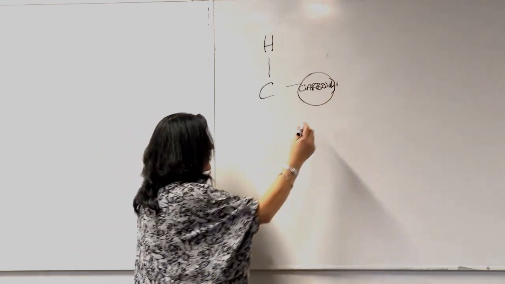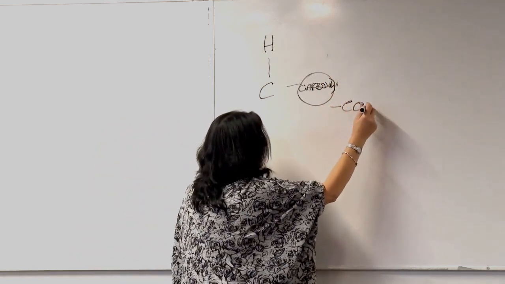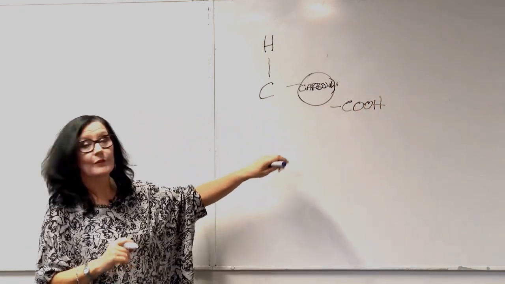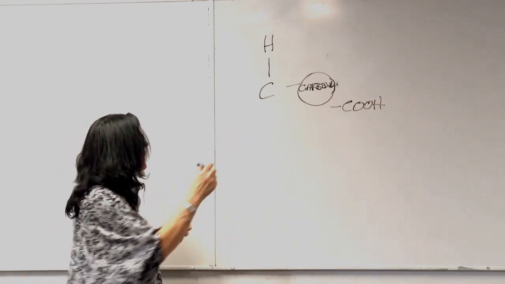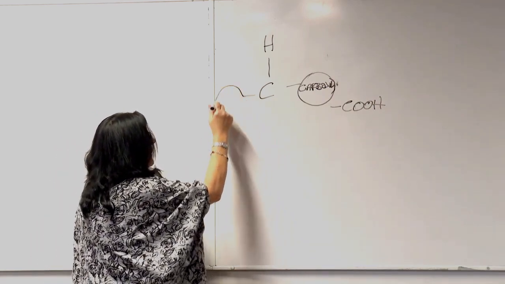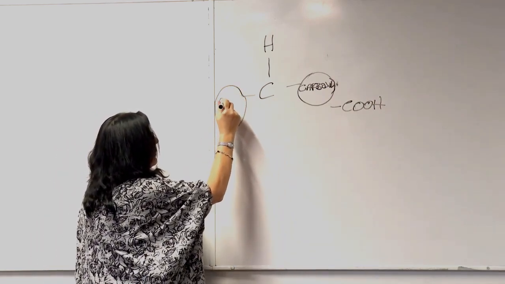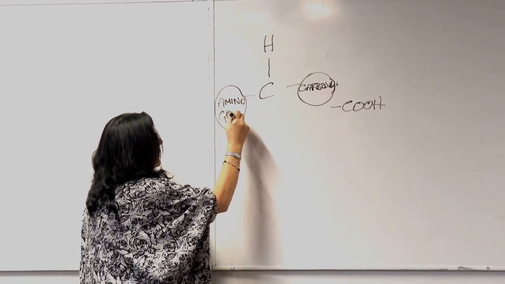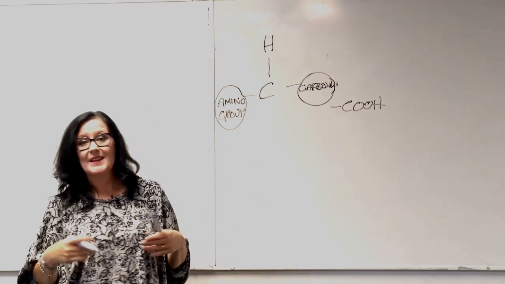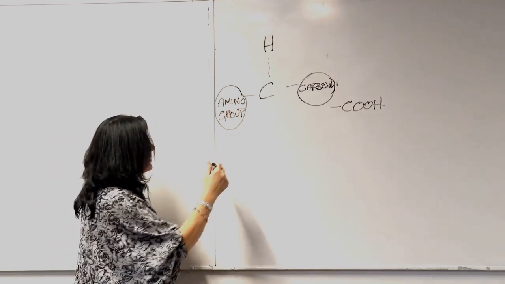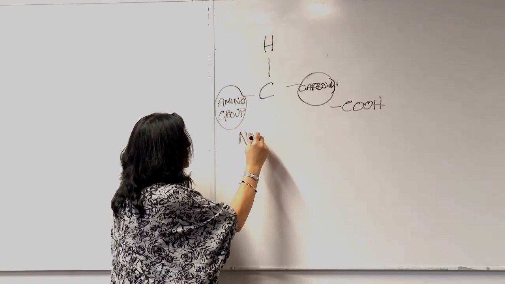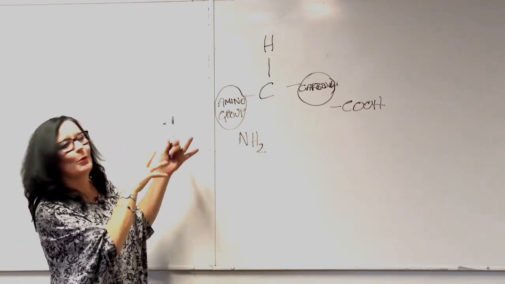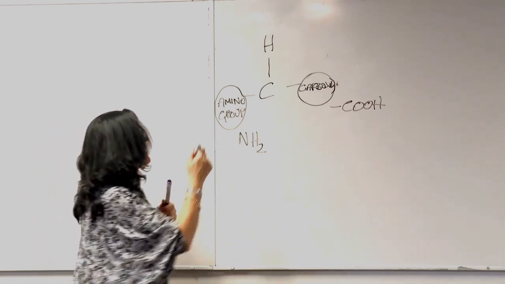In case you're interested, minus COOH, that's the chemical equation for its group. On the other side, we have an amino group. The amino group contains nitrogen, it's nitrogenous. So it's NH2. Okay, so that's the boring basic amino acid.